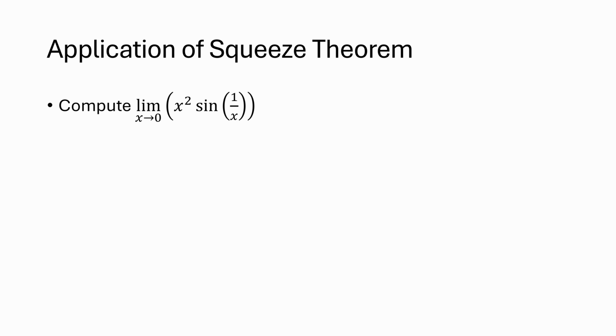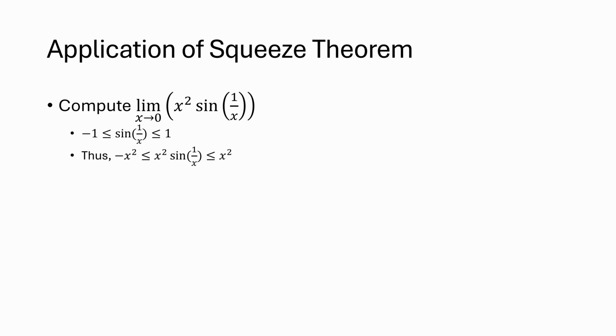Okay, so the first step is that -1 is less than or equal to sine of 1 over x, which is less than or equal to 1, right? Because the range of sine x is -1 to 1, and for sine of 1 over x, the range wouldn't change.